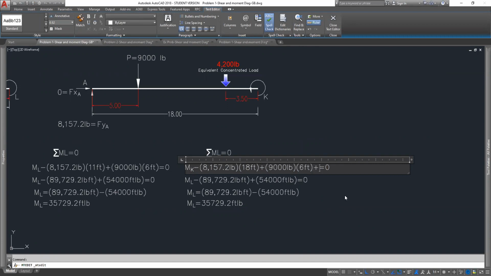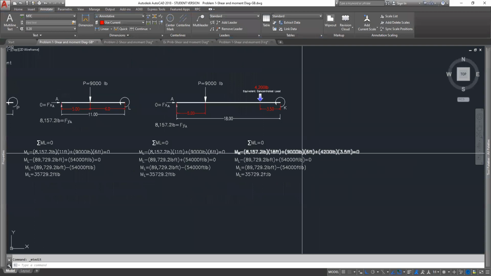So let's go counterclockwise, and it's 4,200 pounds. And its distance from where we are is going to be what, guys? 3.5 feet, right? Okay, can someone do the math on these numbers now?